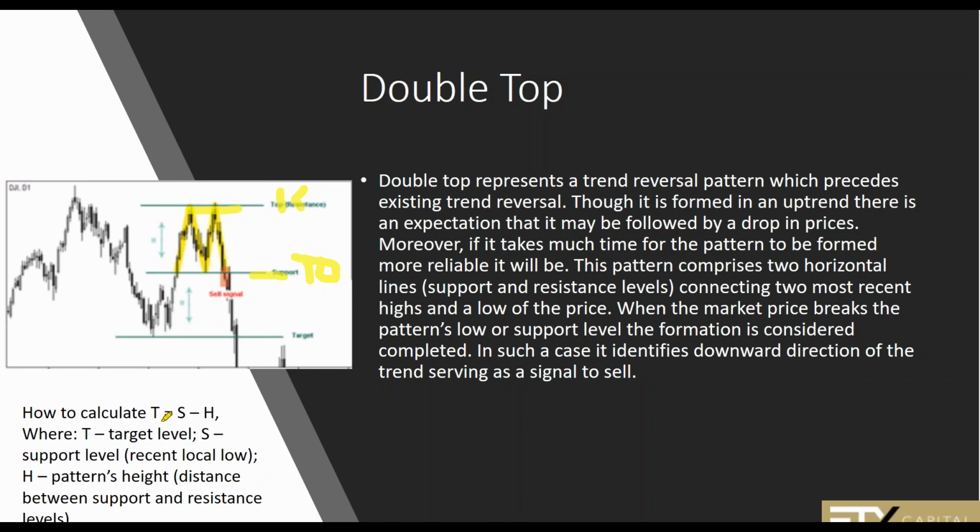You would simply calculate the target for the breakout as equal to our support line, which is 10, minus H, which is the height of the movement of this pattern. So between 10 and 15 was 5. Therefore, 10 minus 5 is 5, so our target would be 5.